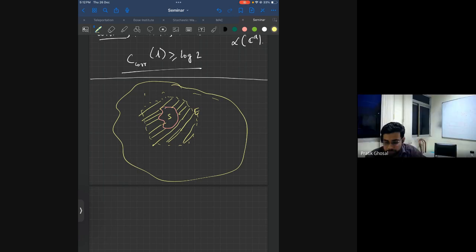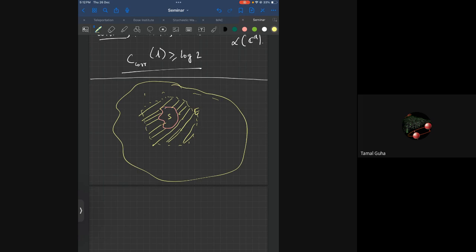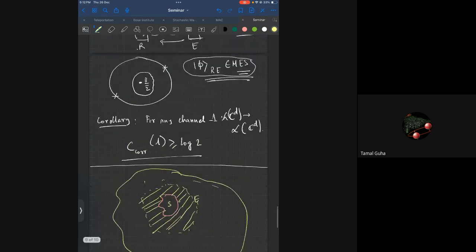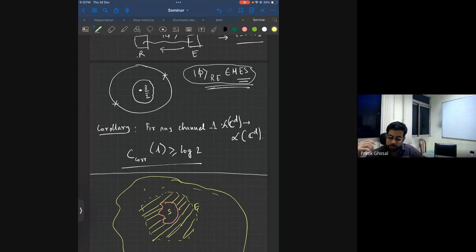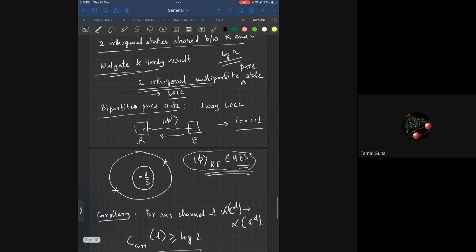Hello, Pratik. Can I make a slight comment? As you said, for this completely depolarizing channel, it is not necessary that the receiver and the environment should be in the maximally entangled state. You can think that the environment is actually I/2, and you apply a swap operation between the system and the environment, so the environment comes to the receiver end. But then the sender's message comes directly to the environment's hand, right? Yes, I can also think like that.